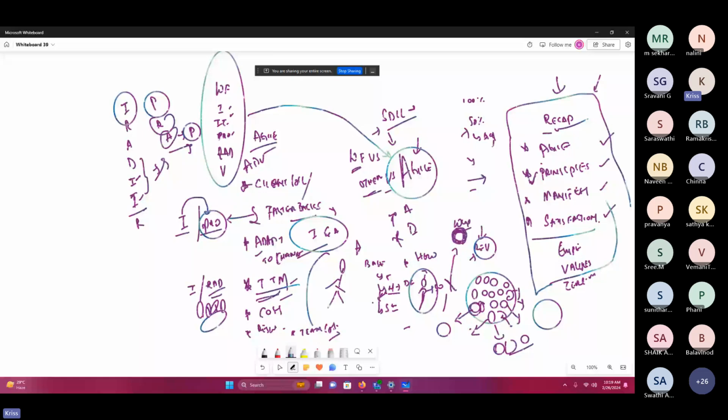The same if the fielders don't do well, because catches win matches. If they drop the catches, obviously we lose the match. So everyone should have the same motto and collaboration to win, and that is the basic agenda of agile.